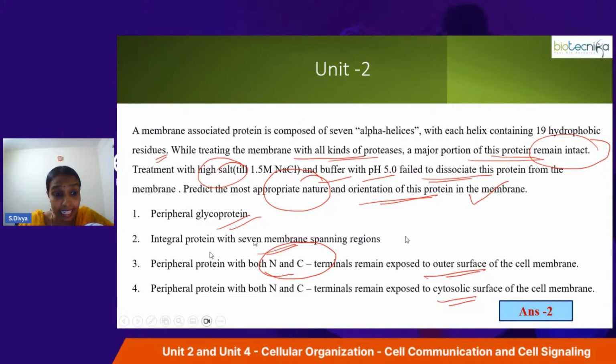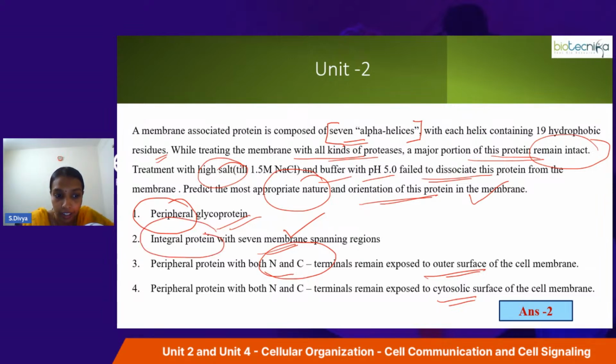It is the integral protein with 7 membrane spanning regions. In the question itself, they have clearly mentioned 7 alpha helices, so from this particular point you can note down 7 membrane spanning regions. The second concept here is that you should be aware of the difference between a peripheral protein and an integral protein.